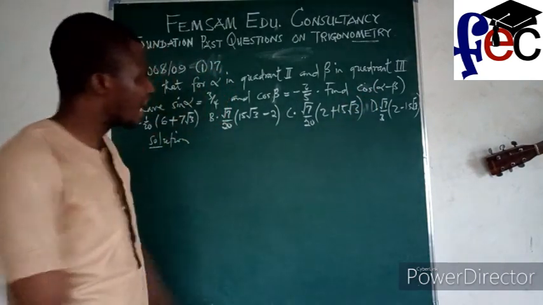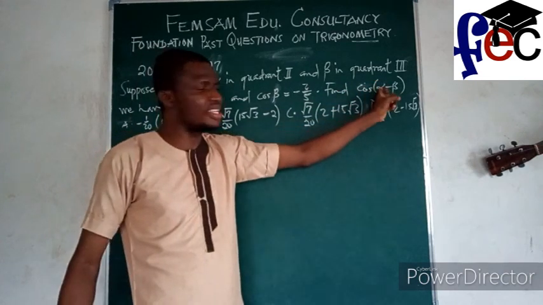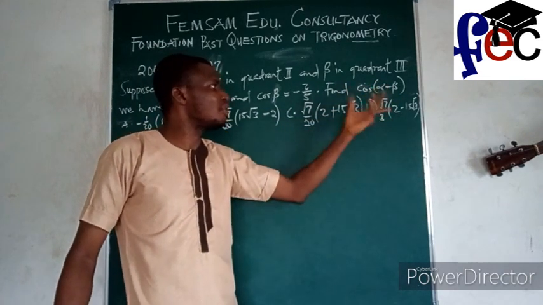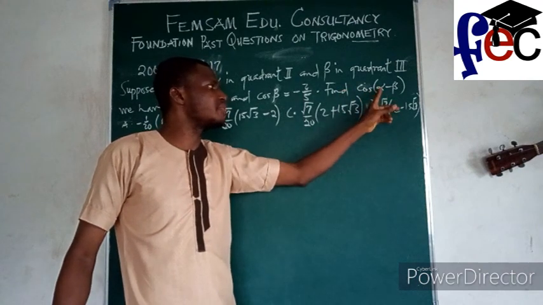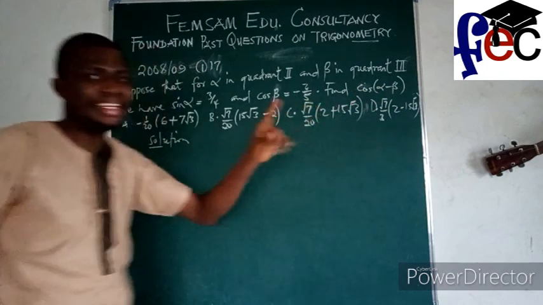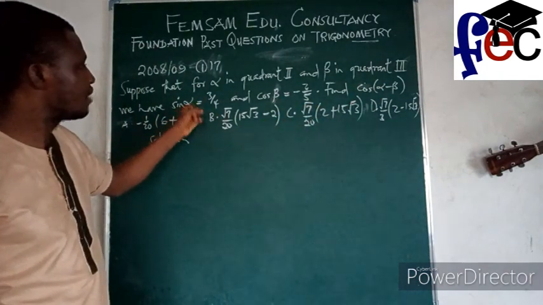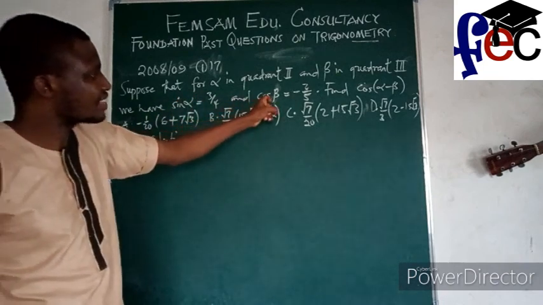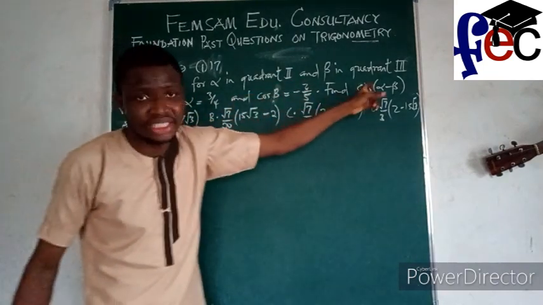But I know that by the time I expand this, I'm going to find cosine and sine in terms of alpha and beta. So before I get to that point, I need to get the other values. I need to get cosine of alpha, and I need to get sine of beta, because I will need them.